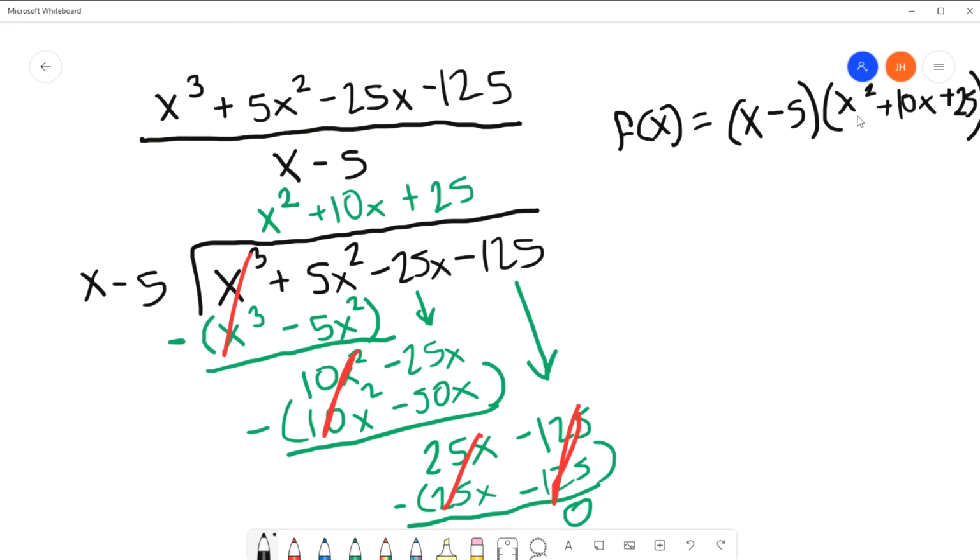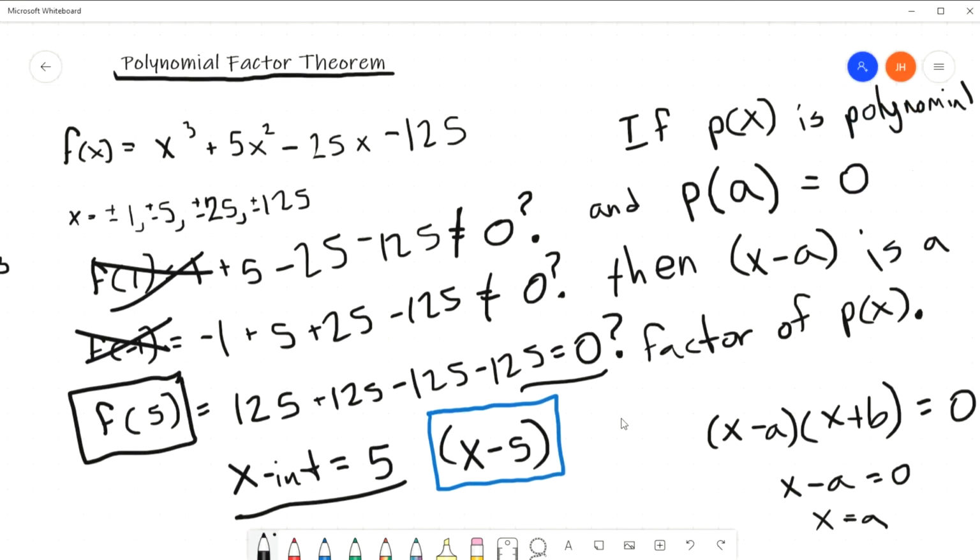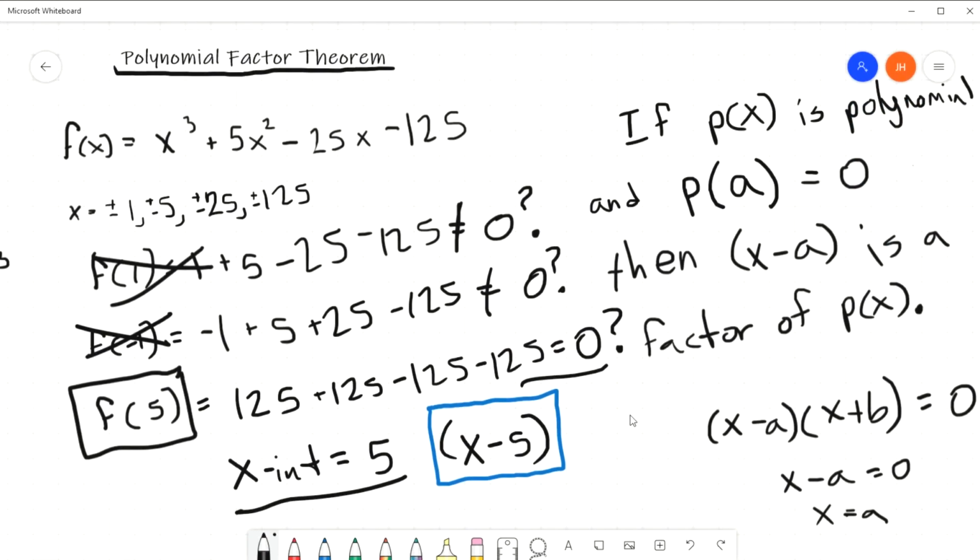I still need to factor that quadratic right there. But here's the wonderful thing about it. This is why I didn't bother finding every single zero for this polynomial with the rational zeros theorem. I just wanted to find one.